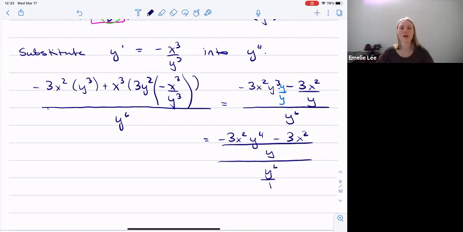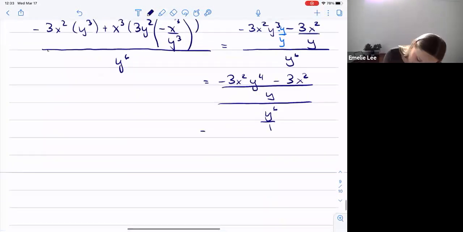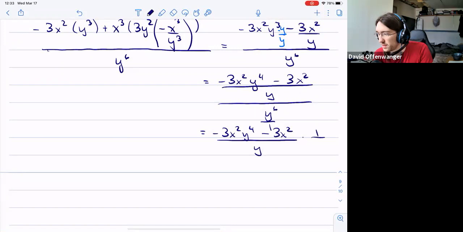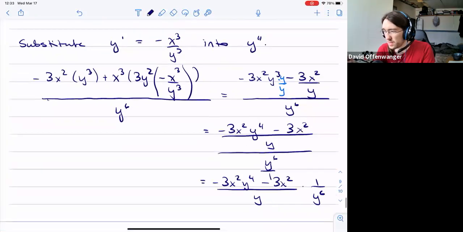Now I can flip that denominator and then multiply across, which puts me at negative 3x squared y to the fourth minus 3x squared over y. I lost something here. The x to the 3.